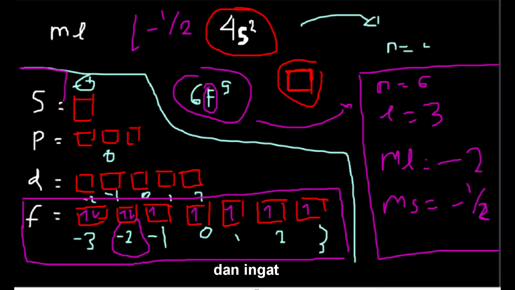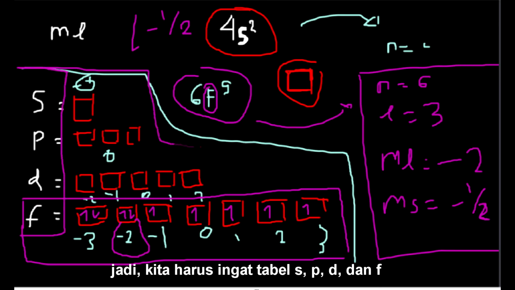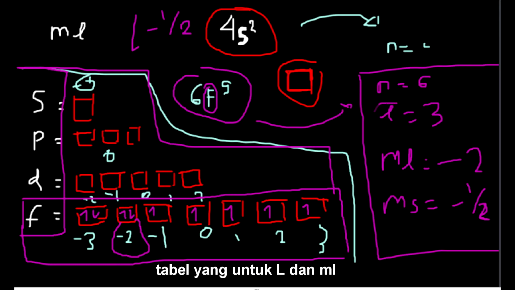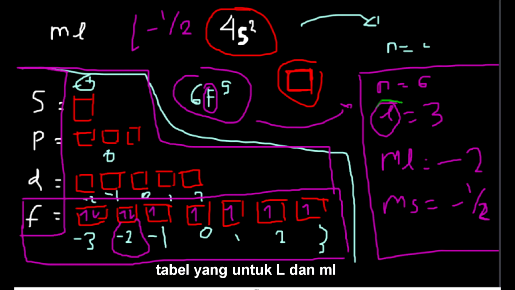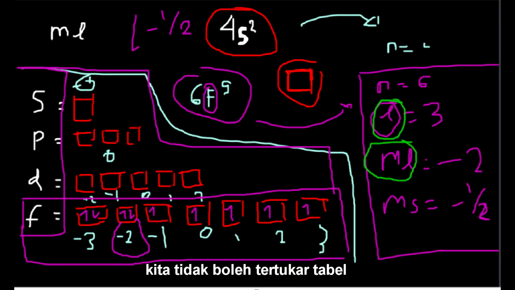And remember, we really need to remember the SPDFs. Remember the SPDFs for L. Sorry, let me change that. For L and ML, those are the only two that you should not be confused about. ML is the boxes, these boxes here.